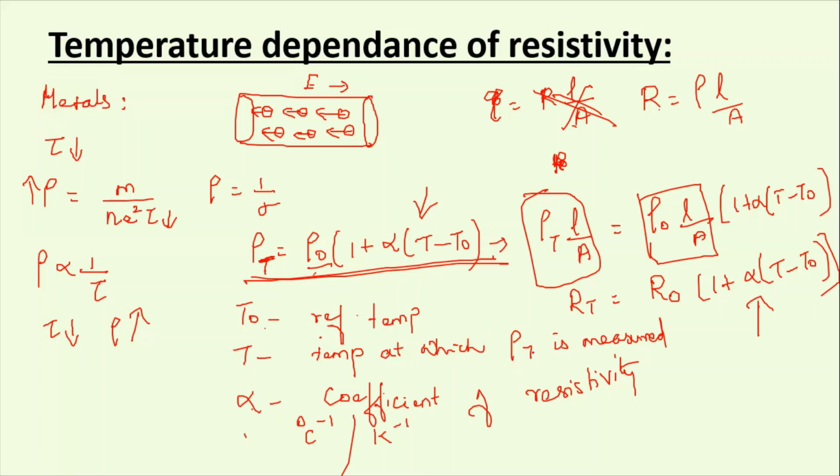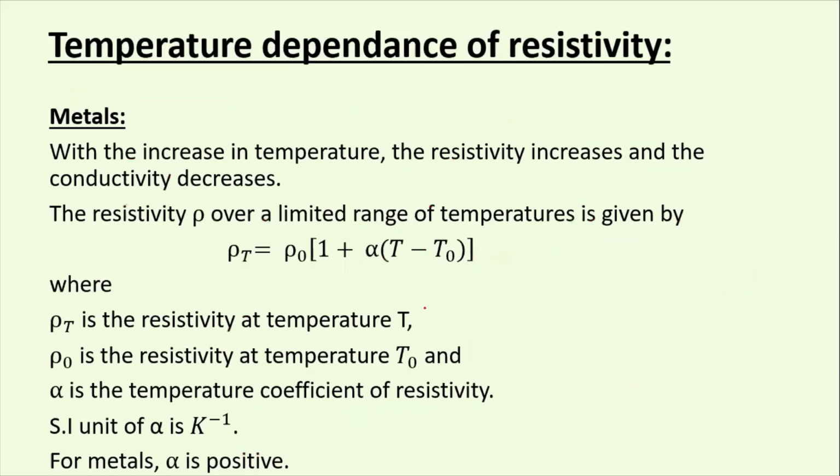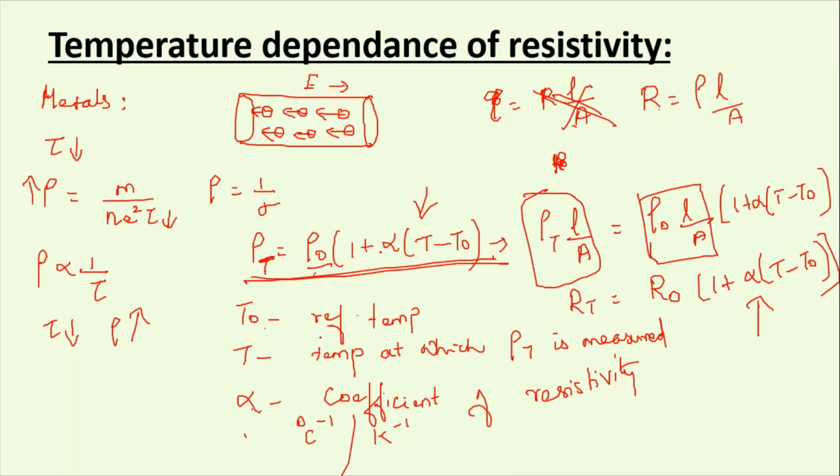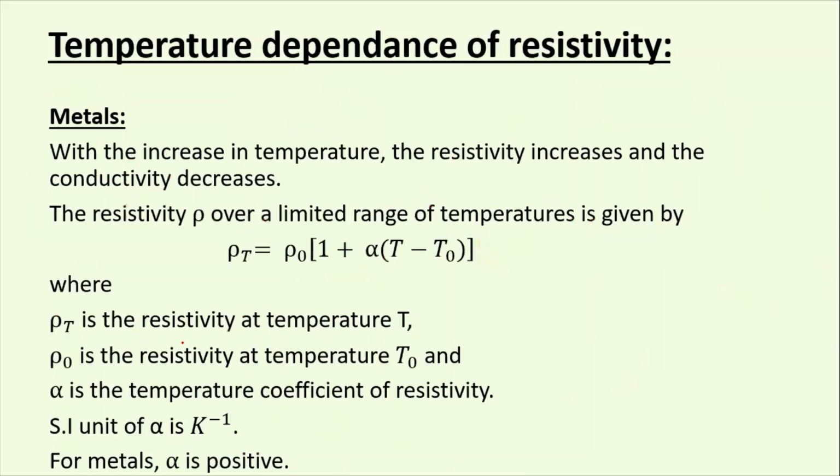Now coming to the typed part. With the increase in temperature, resistivity increases and the conductivity decreases. We saw in this slide what happens to the collisions and how the resistivity increases when the temperature increases. Over a limited range of temperatures, this is the formula that we discussed earlier.